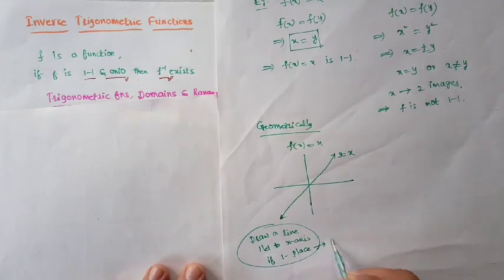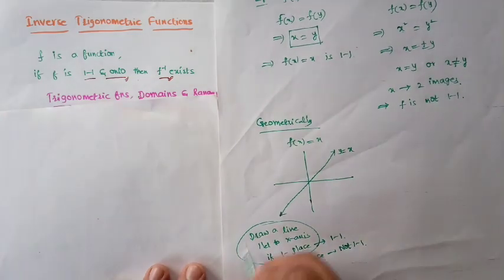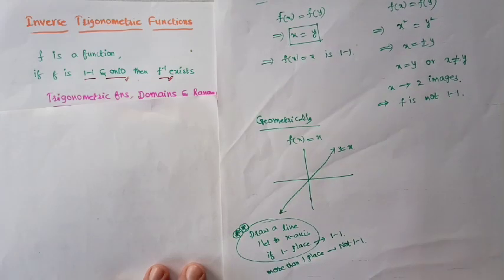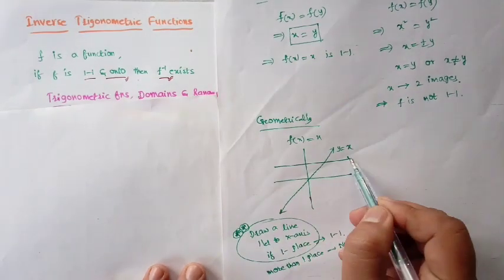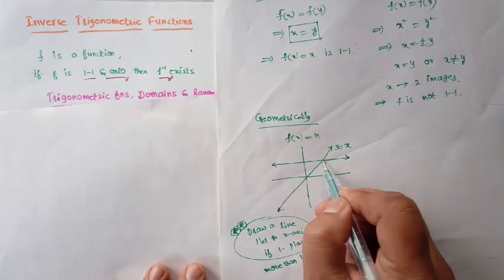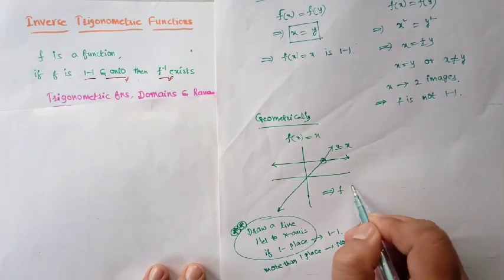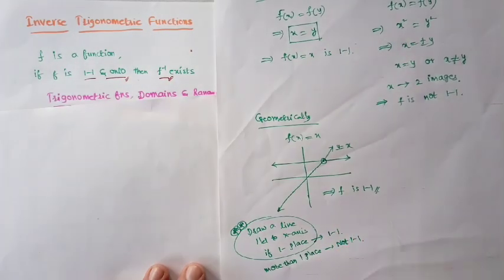If it is intersecting in one place, then it is 1-1. If it is intersecting in more than one place, then it is not 1-to-1. This is a very important definition for checking geometrically. Drawing a line parallel to x-axis, the line intersects the line y equals x in only one place. So f is a 1-to-1 function.